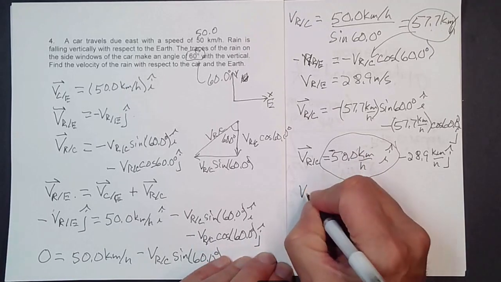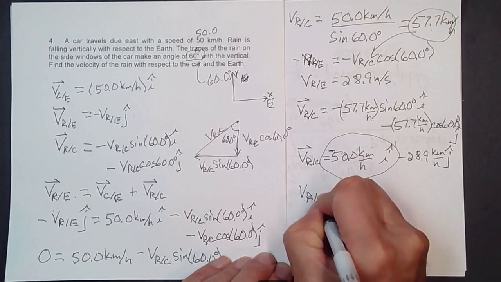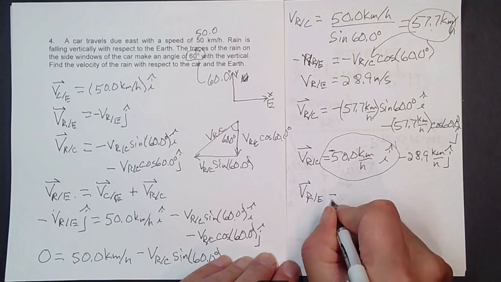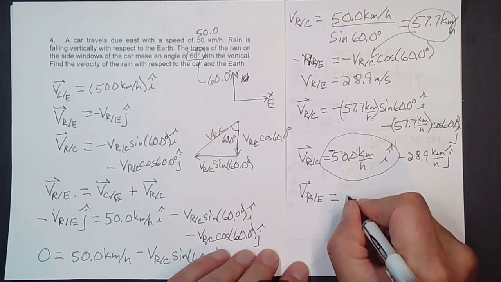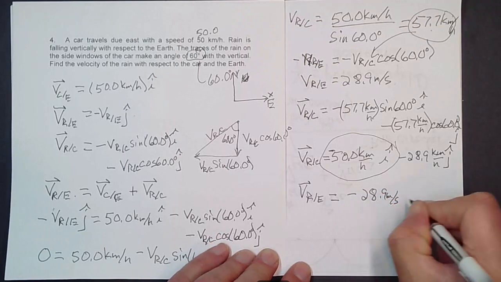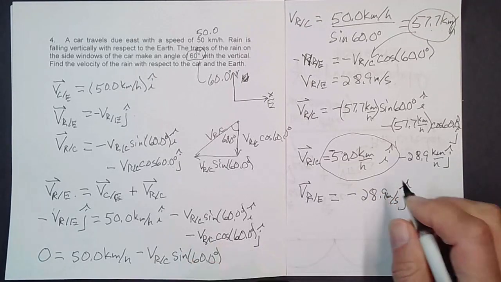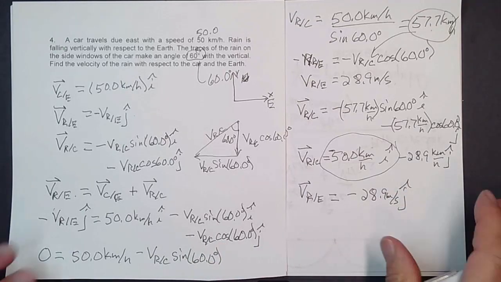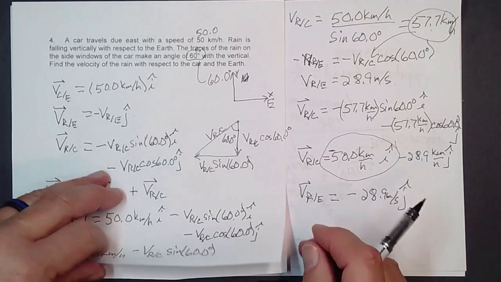And then the velocity of the rain with respect to the earth has only a vertical component, and it's just going to be minus 28.9 meters per second in the j-hat direction, straight down. So there we solved our second to last problem.